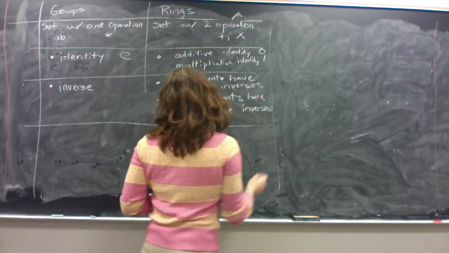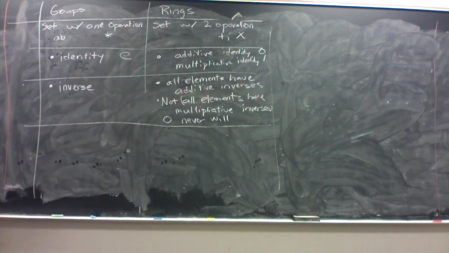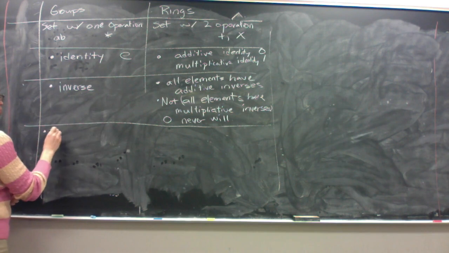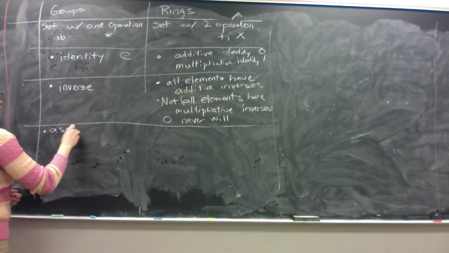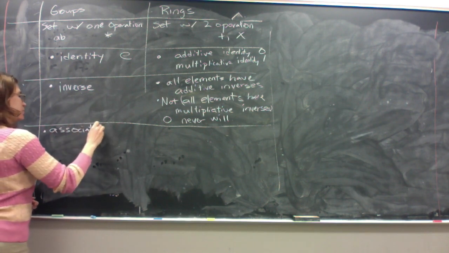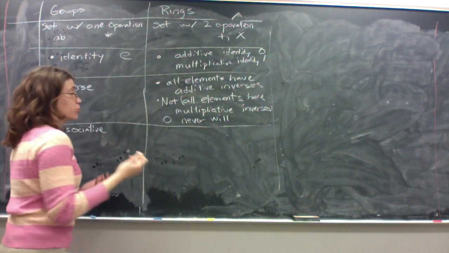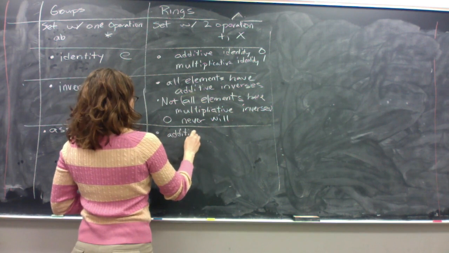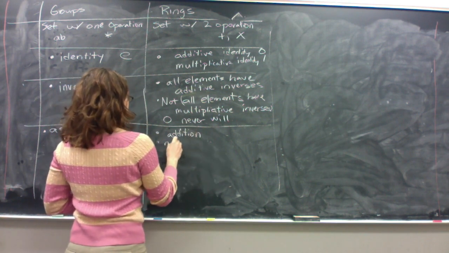The final property in the definition of group is that the operation must be associative. This was also true for rings. Both addition and multiplication had to be associative.